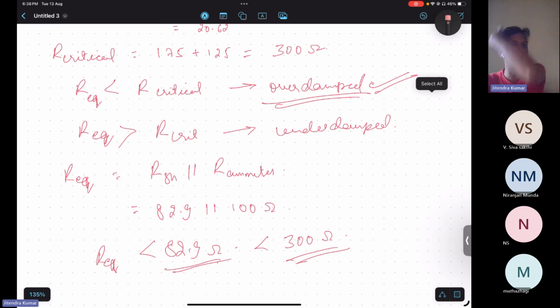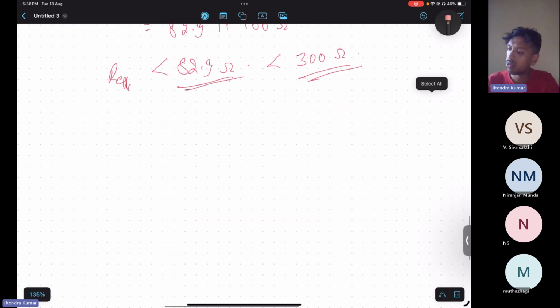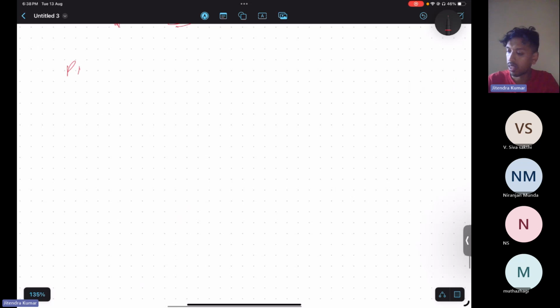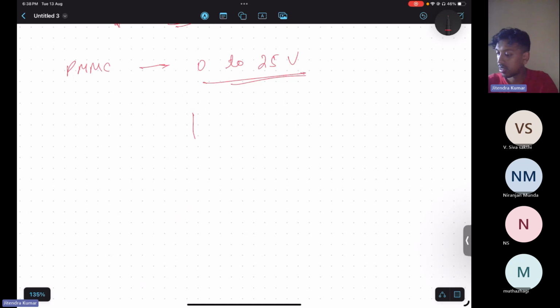So now we need to convert this PMMC into a voltmeter of 0 to 25 volt. For a voltmeter, we need to connect a series resistance.